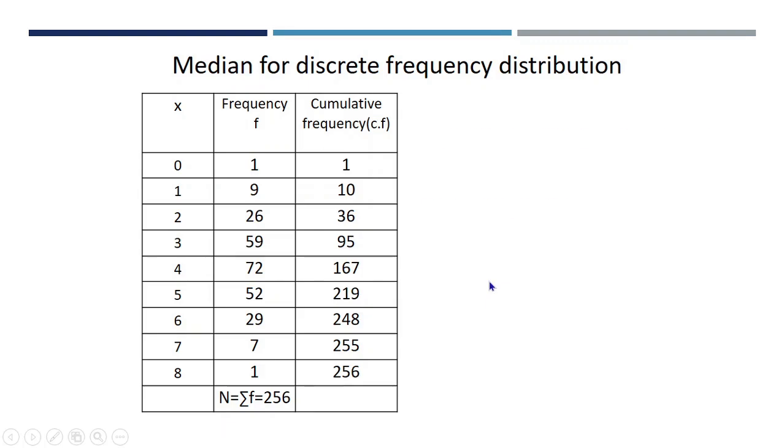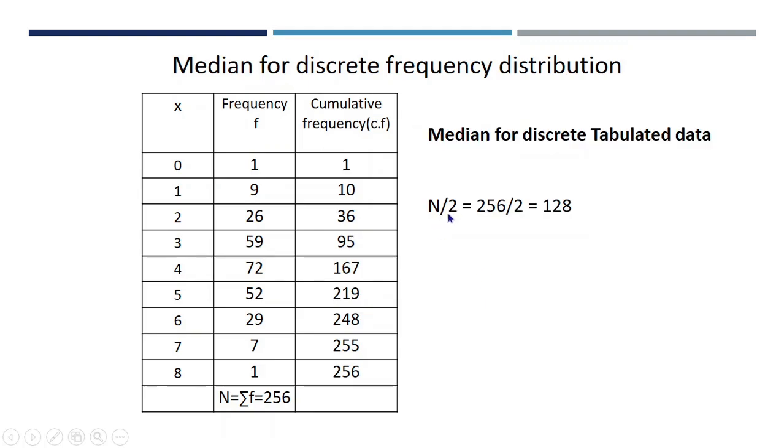Now from this we need to calculate the value of n by 2. So here n is 256, so 256 by 2 is 128. Now find the cumulative frequency which is just greater than 128, just greater than n by 2. So here 1 is less than 128, 10 less than 128, 36 less than 128, 95 less than 128.